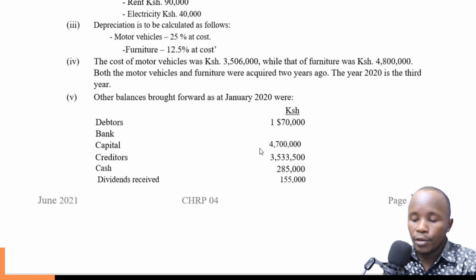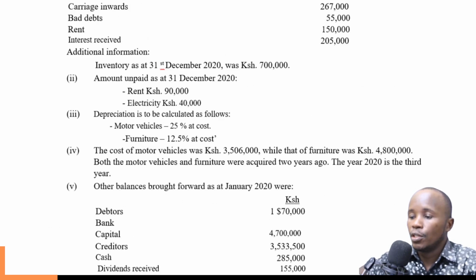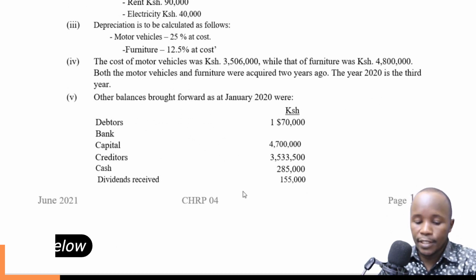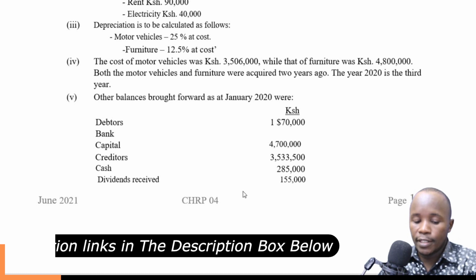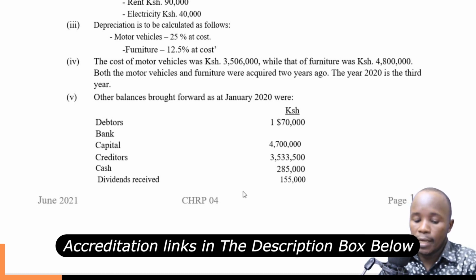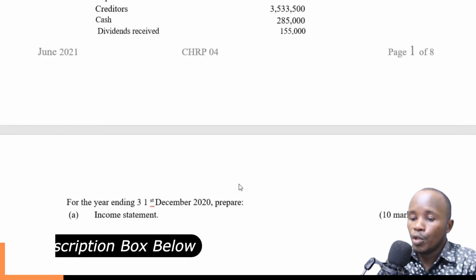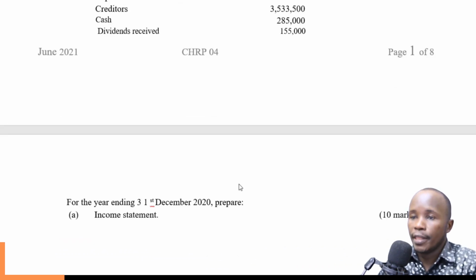We have capital, 4,700,000. Then we have cash, 285,000. Then we have dividend received, 155,000. So you are required to come up with the income statement.